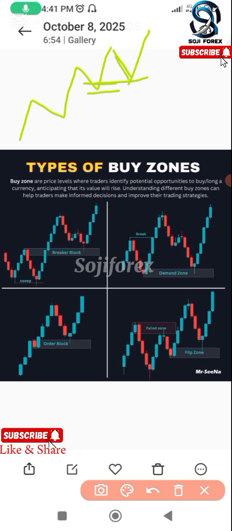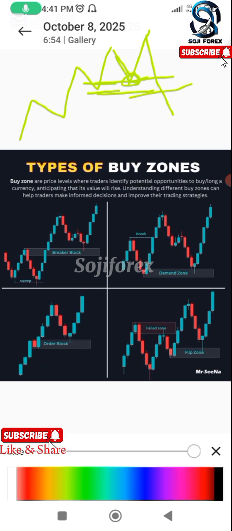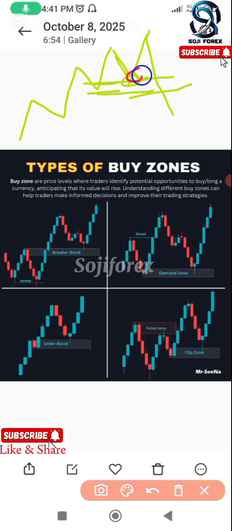But unfortunately, price came down and broke this particular order block. So this is no longer regarded as an order block. Since price broke through it, it is now called a breakers block.